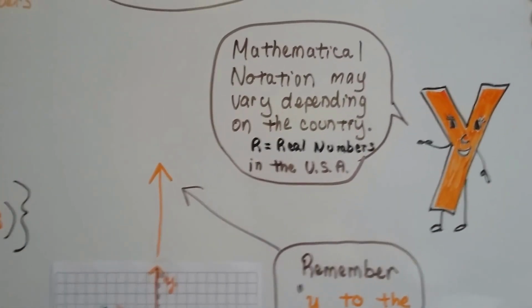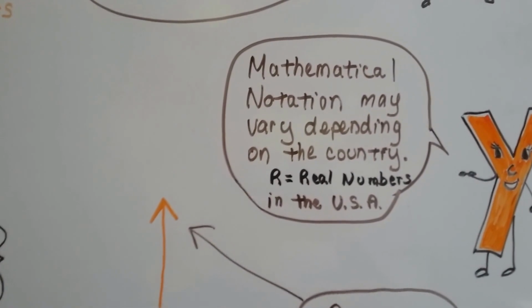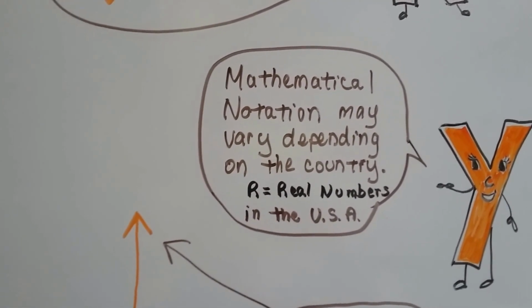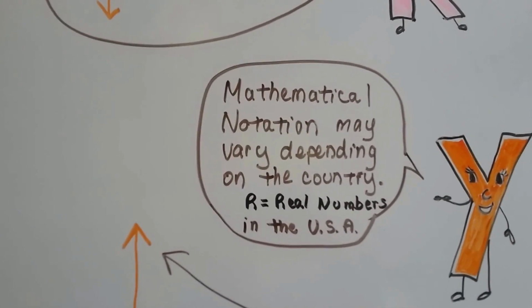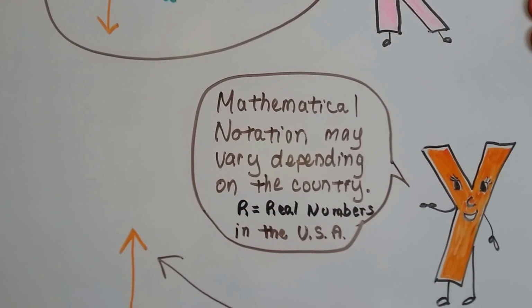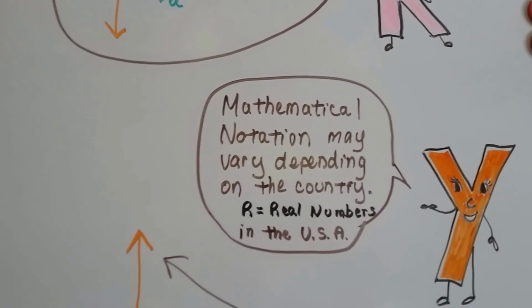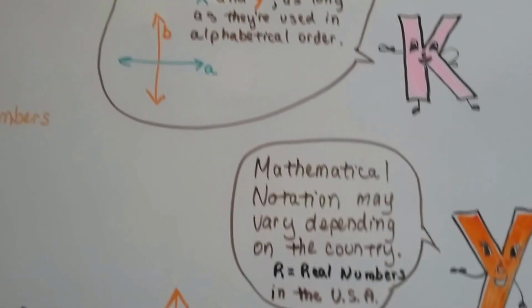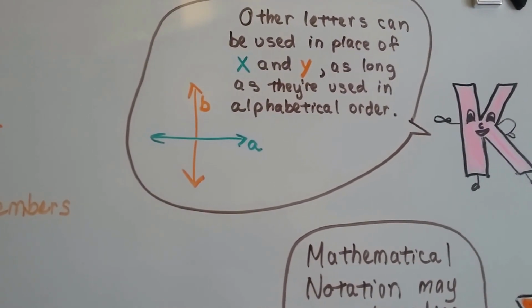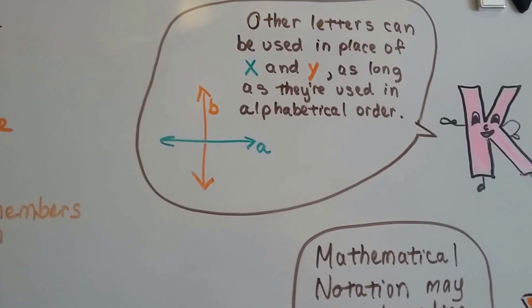Now, mathematical notation is going to vary by country. The R stands for real numbers in the USA. That's American style. Other countries may use R for something else, and their mathematic notation may not look like ours, okay? And other letters can be used in place of the X and the Y for the axis, as long as they're used in alphabetical order.